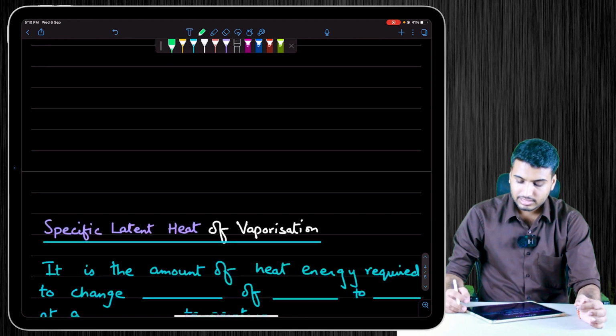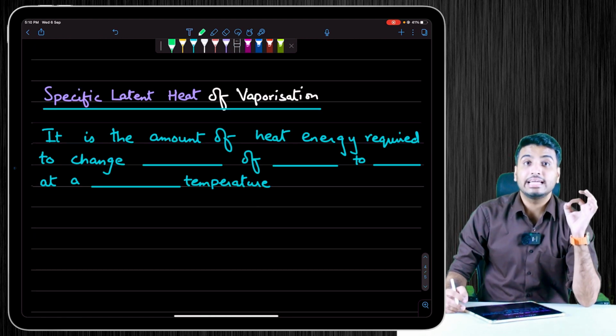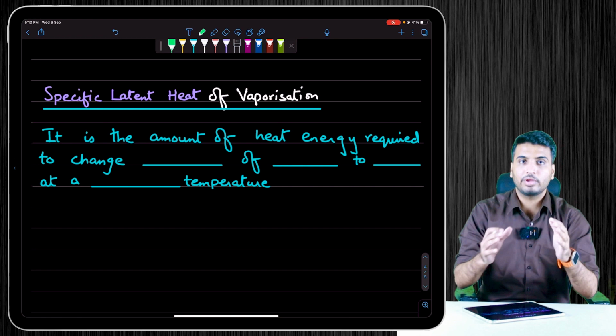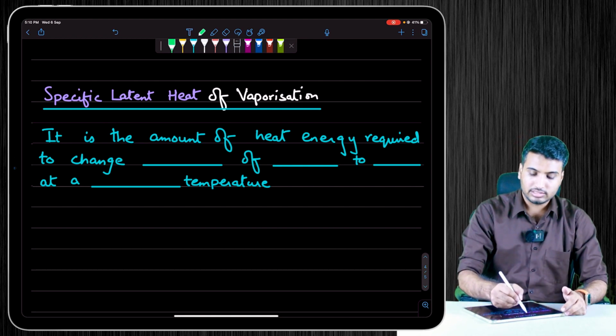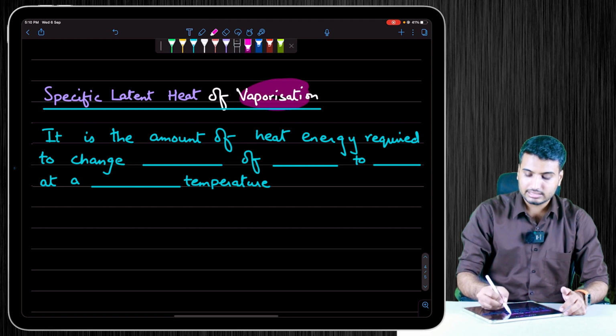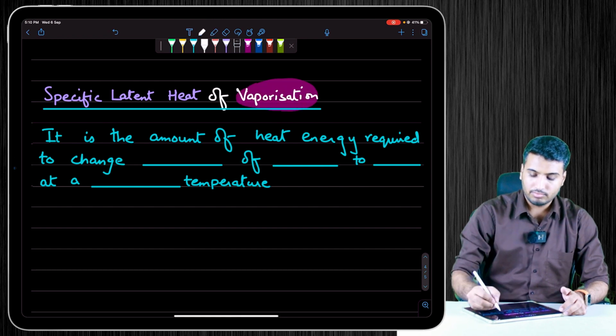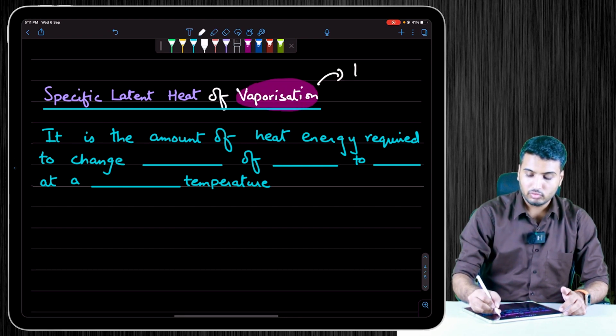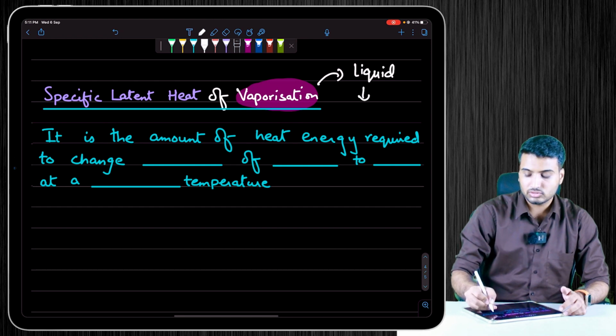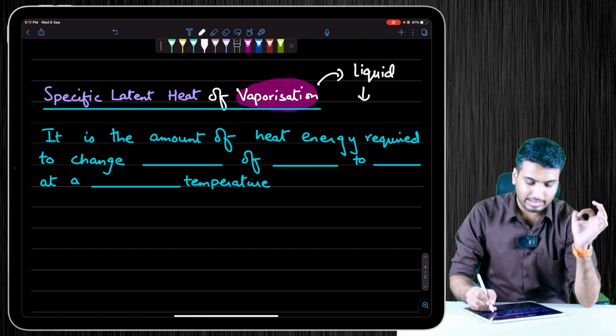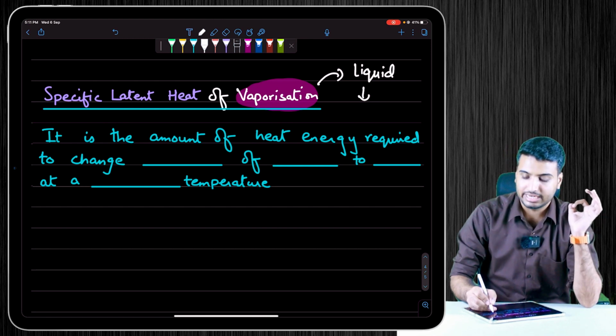Further we have specific latent heat of vaporization. Vaporization means change of state from liquid to vapors. The rest of the definition is the same as for specific latent heat.